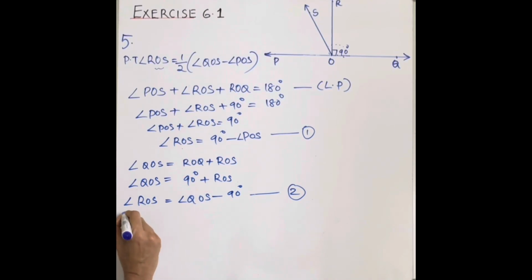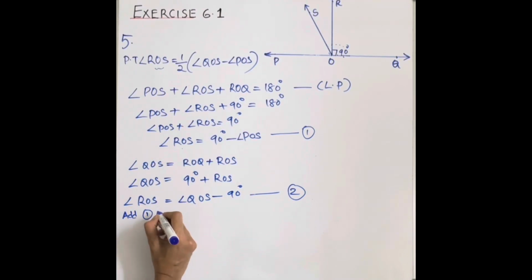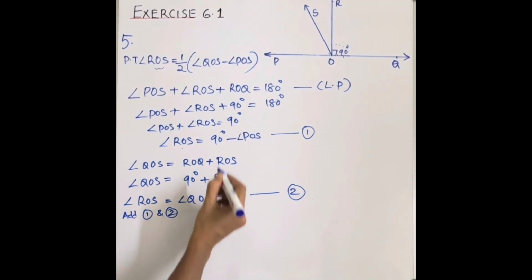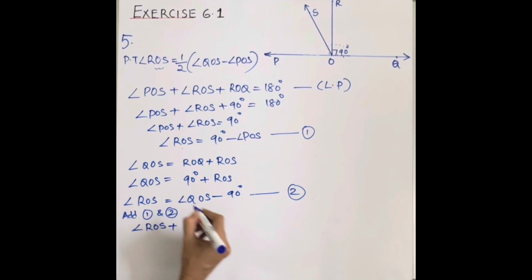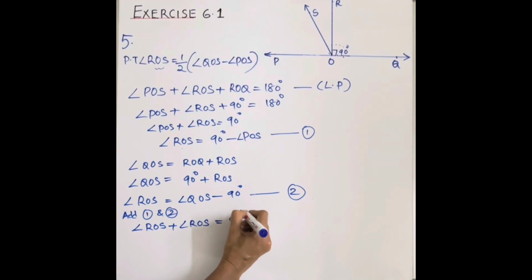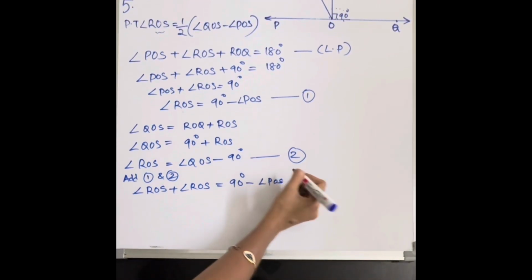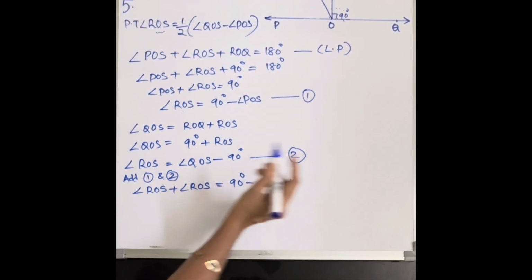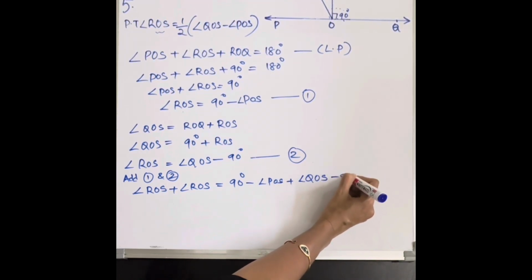So now we add 1 and 2. Why? We see that we have a minus 90 degree and a plus 90 degree. So we add 1 and 2. We may cancel out the 90 degrees, and then we'll see how we frame the equation. So we have angle ROS plus angle ROS is equal to 90 degree minus angle POS plus, from equation 2, angle QOS minus 90 degree.